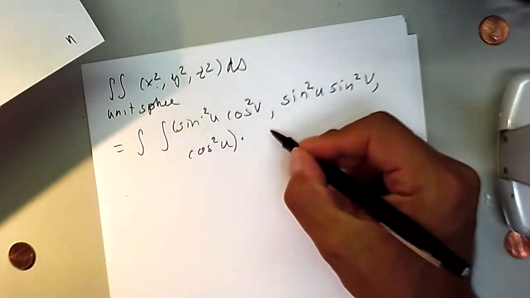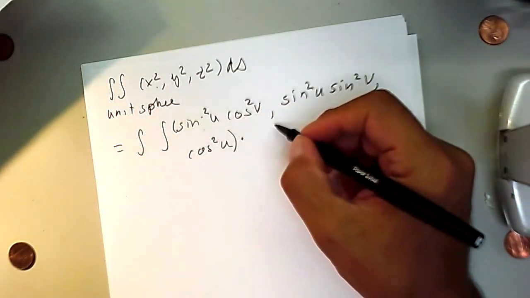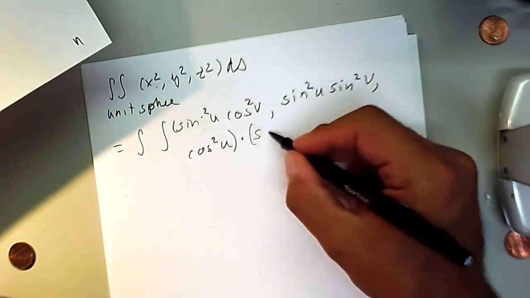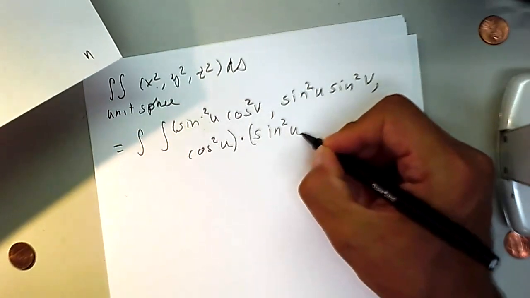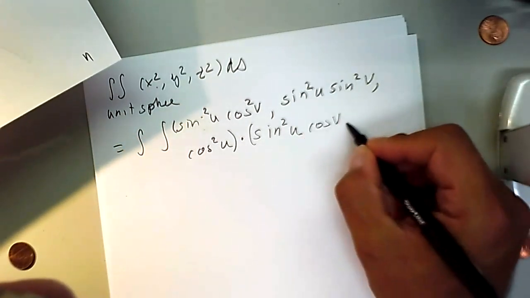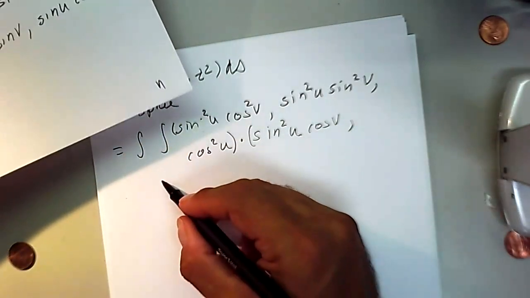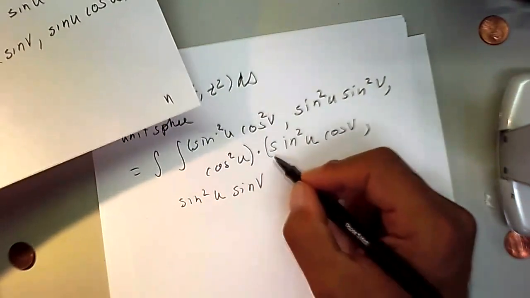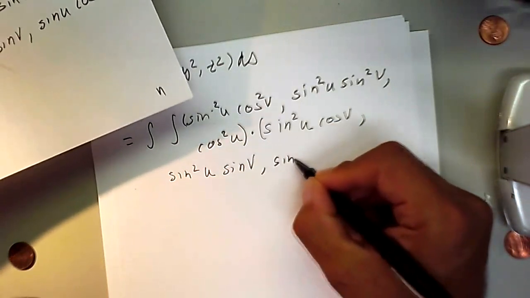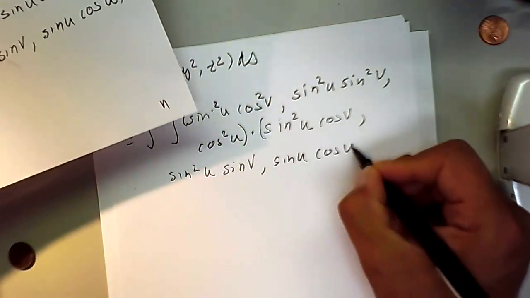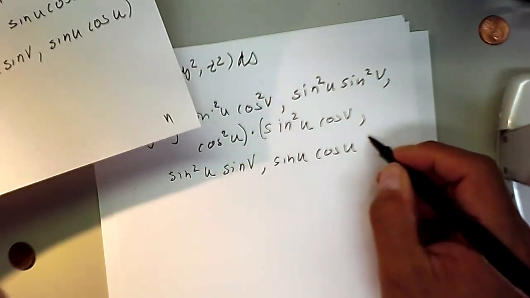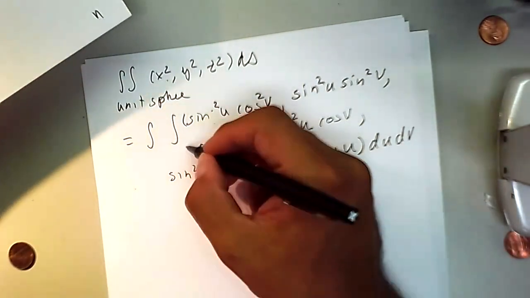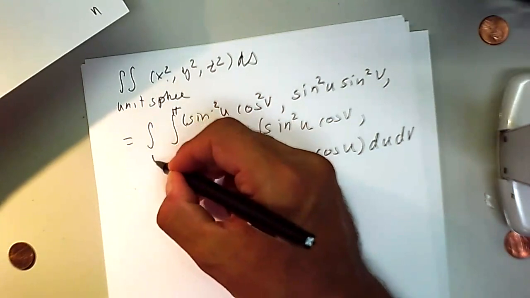So we're going to do the dot product. Boy, this is getting more complicated than what I anticipated. Sine squared u cosine v, comma, we just did this, sine squared u sine v, and sine u cosine u, close parenthesis, with respect to u and v, as u goes from 0 to pi and v goes from 0 to 2 pi.